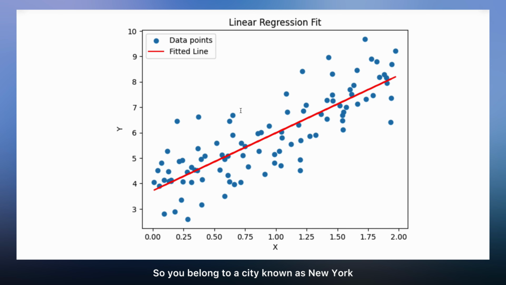So you belong to a city known as New York. You were asked to collect 1000 data points of 1000 houses, and these data points describe, the first column is the size of the house in terms of square feet, right? And the other column is the price of the house, right?